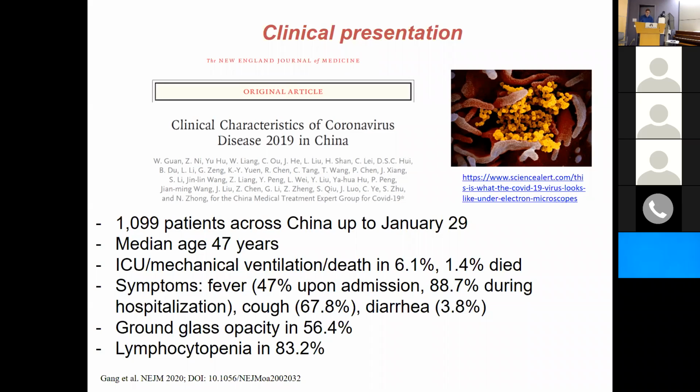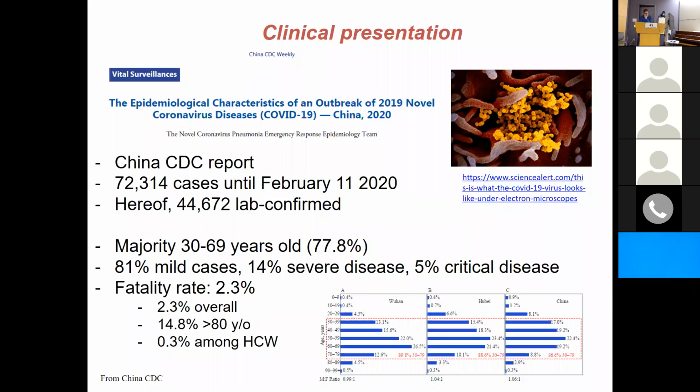And then the last one, that's more like a high-level report from the China CDC. All 72,000 cases until February 11, 44,000 of which were lab confirmed, so other cases based on clinical assessment and CT findings.